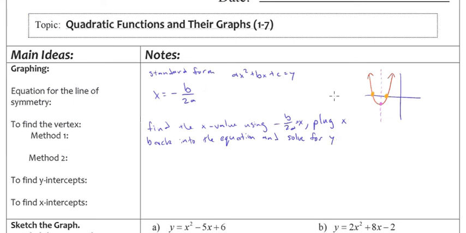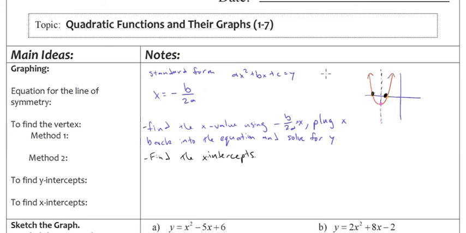That's one method. Another method is going to be to find your x-intercepts. So here's method one, here's method two, find the x-intercepts. All right, once you've found those x-intercepts, remember that axis of symmetry. So if we have our two x-intercepts here, that axis of symmetry has to be right in the middle.